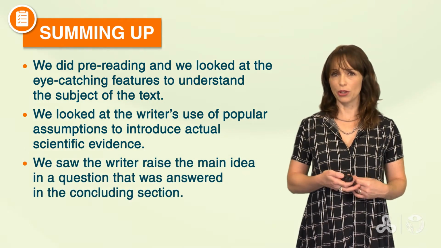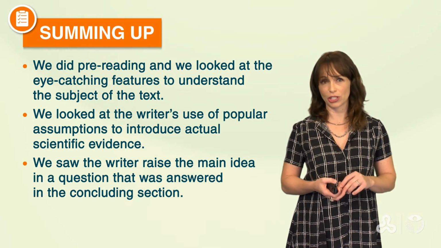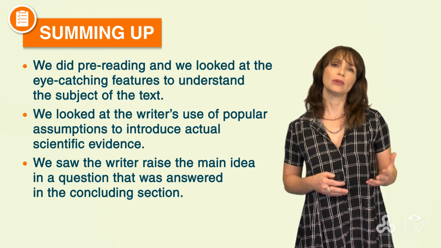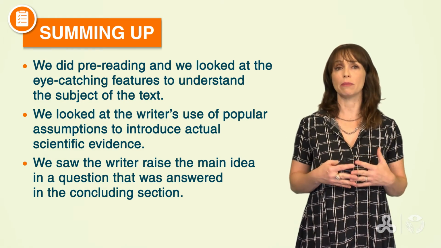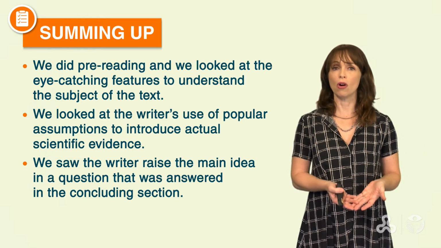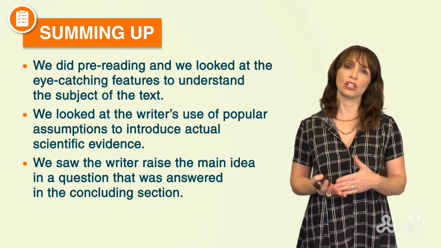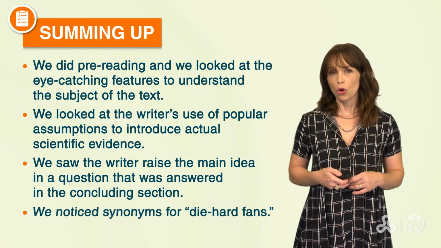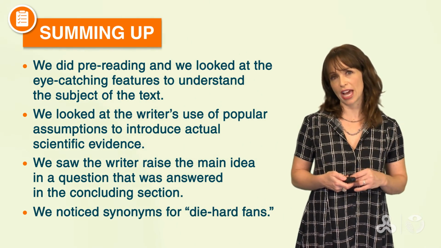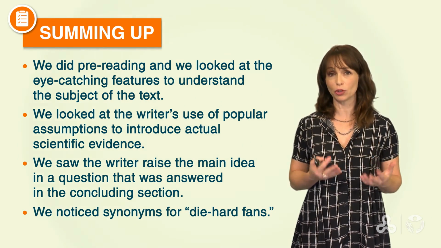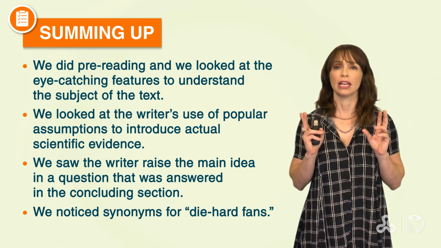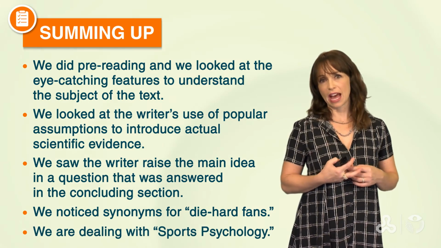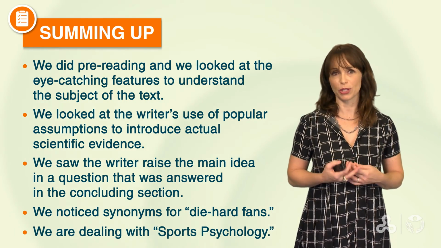We saw the writer raise the main idea in a question, and it was answered in the concluding section. We looked at how the writer raised the main idea through a question in the introduction, and we got the answer to the question in the conclusions very clearly. We also noticed synonyms for die-hard fans, words similar to the subject of fanatic supporters. And remember that after all, we're dealing with sports psychology.